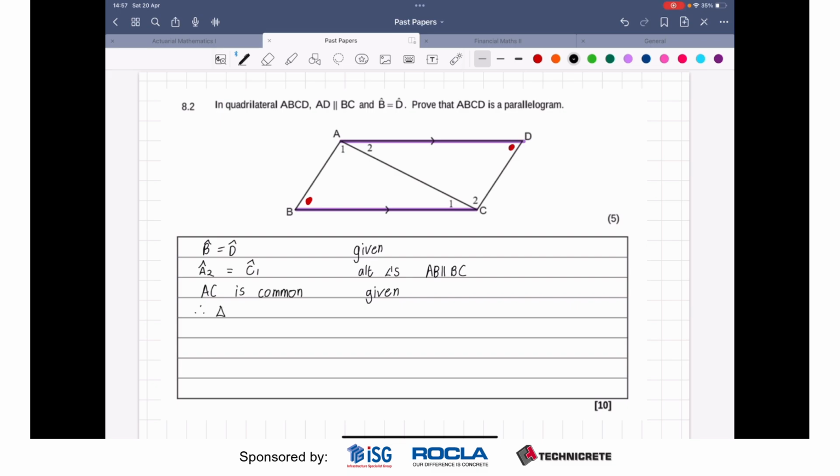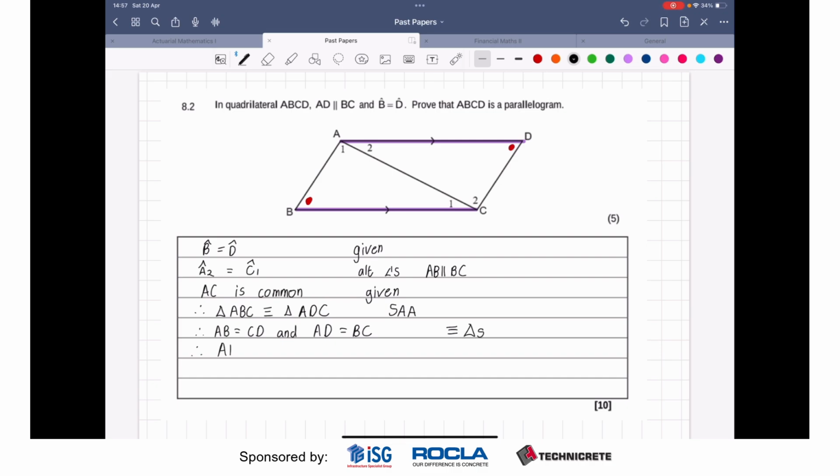Therefore, triangle ABC is congruent to triangle ADC, and that's from side angle angle. Therefore, AB is equal to CD, and AD is equal to BC, and that's from congruent triangles.